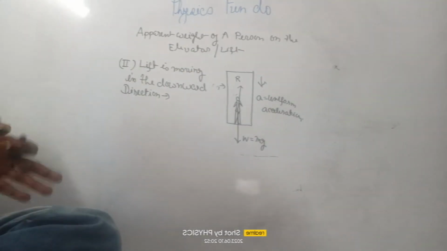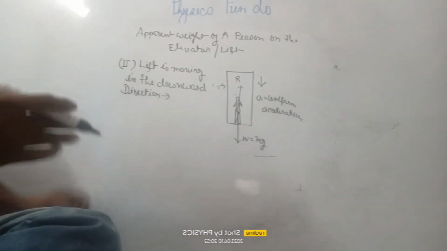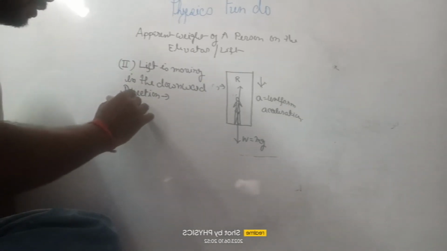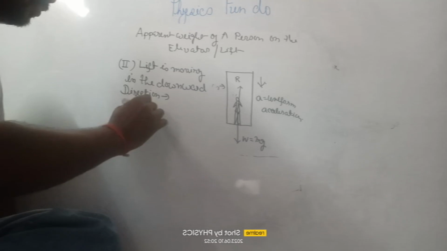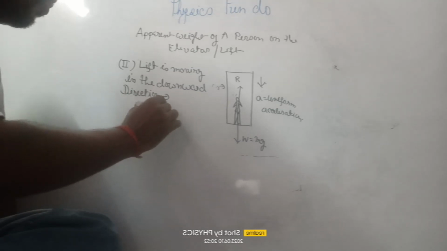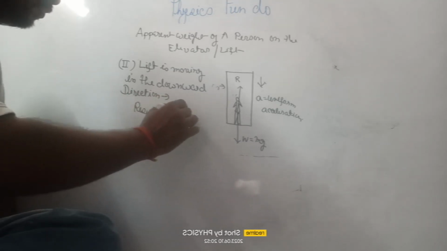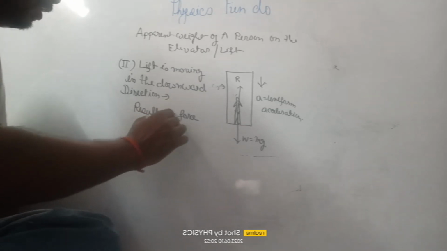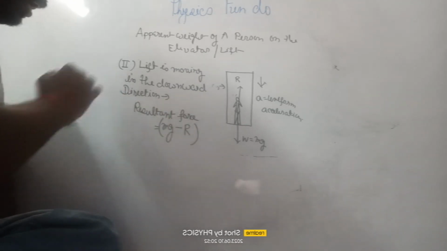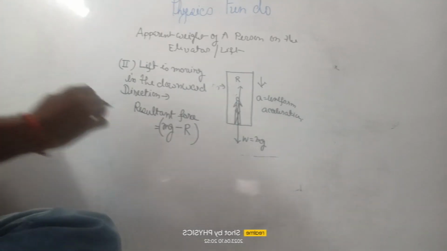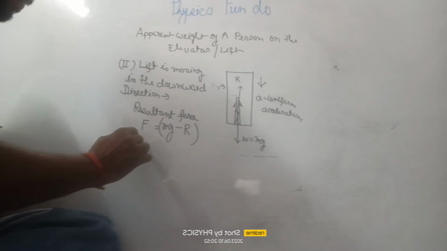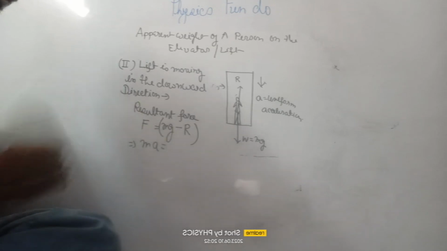Now as the lift is moving in the downward direction, so mg is greater than R. So the resultant force is equals to mg minus R. That is F equals to. We know that F equals to m into a.